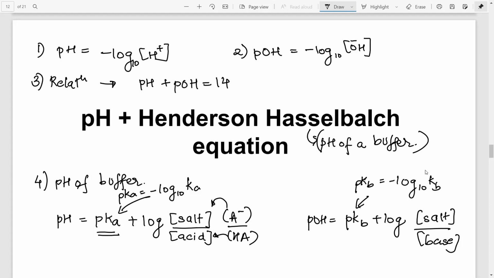So this is nothing but the HH equation, the Henderson-Hasselbalch equation, to calculate the pH or the pOH of a buffer. This is all you need to know. These are the required formulas to try and solve these kinds of questions. So now let's get right into it.